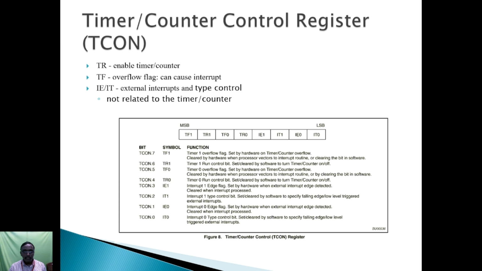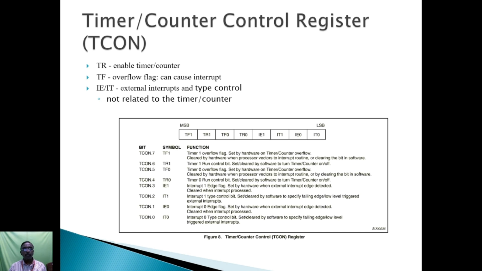In the timer and counter control register, TCON: TF1 is the overflow flag of timer 1. Next one is TR1, the timer 1 run control bit. Next one is TF0, the timer 0 overflow flag. Next one is TR0, the timer 0 run control bit.